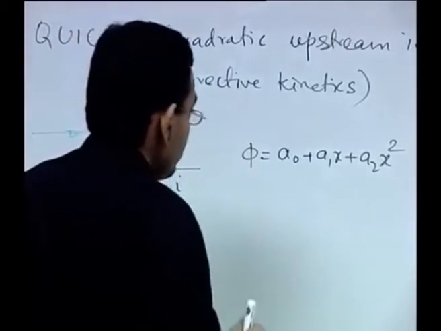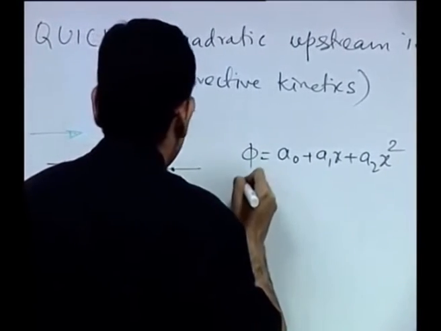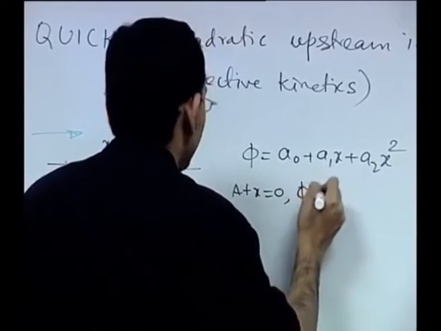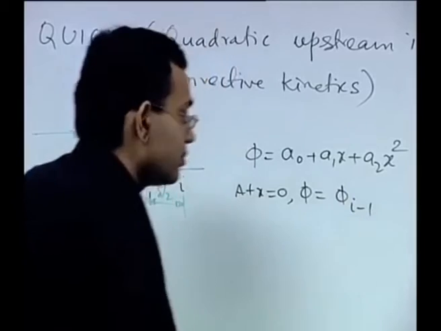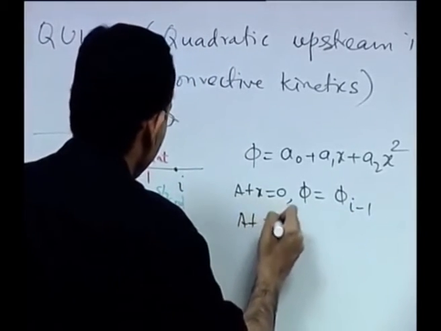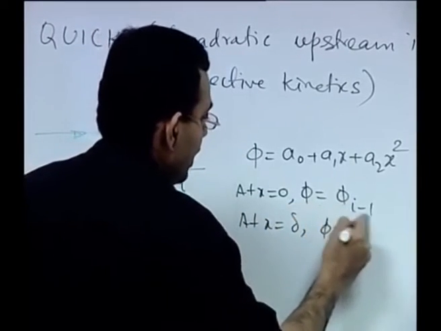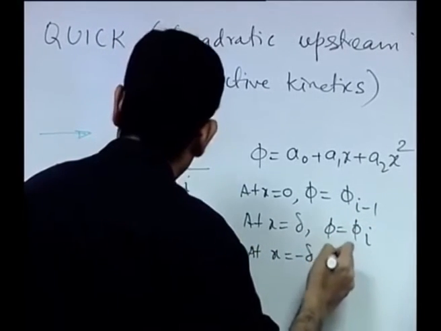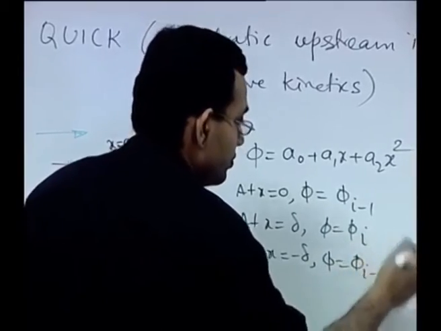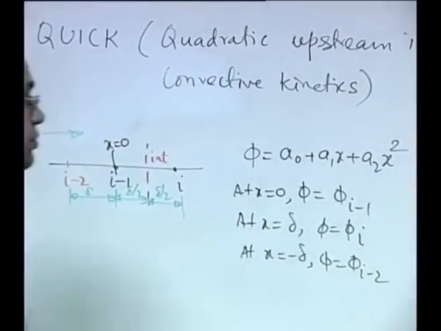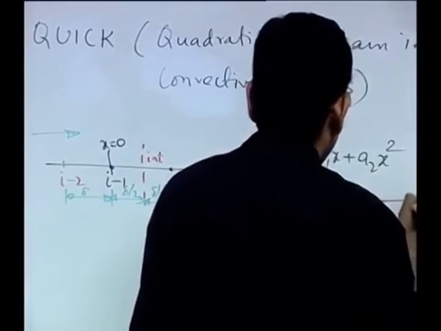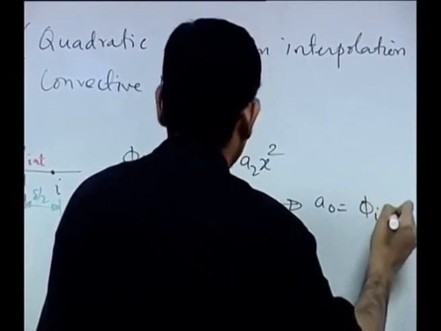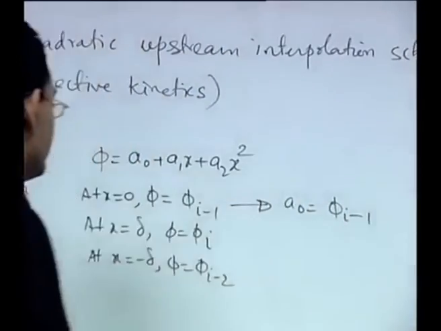So, you have at x equal to 0, phi equal to phi I minus 1, at x equal to delta, phi equal to phi I, and at x equal to minus delta, phi equal to phi I minus 2. So, from here we can write a0 is equal to phi I minus 1.